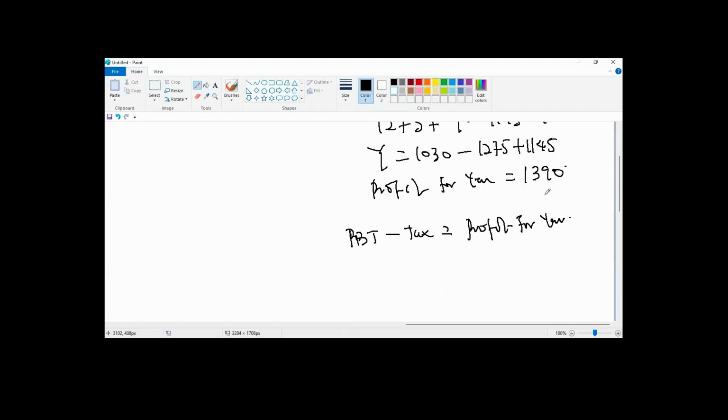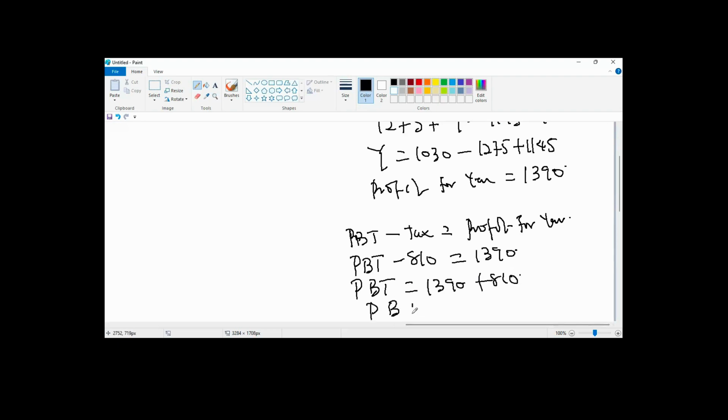What is the profit before tax? I don't know. What is the tax element? Additional information will tell me how much tax is paid. Income tax expense is 810. So profit before tax minus 810 equals 1390. So profit before tax equals 1390 plus 810.